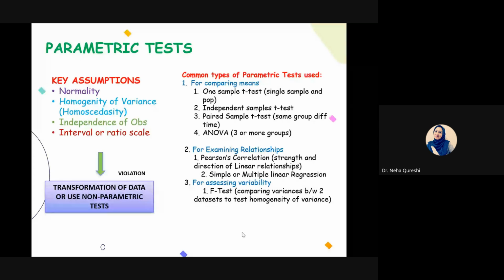If you want to see how your independent variables impact the outcome variable, we use regression analysis. And for assessing variability, we have the F-test, which, as I said, is used to compare the variances between two data sets for testing the homogeneity of variances. Right? So one by one, we will go.